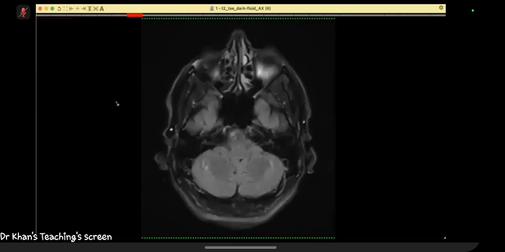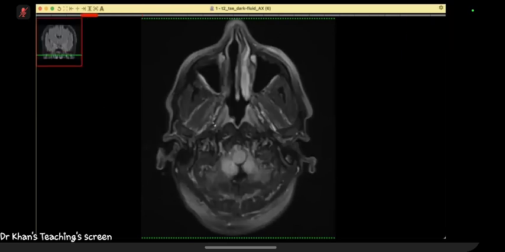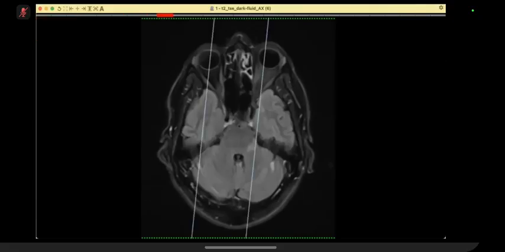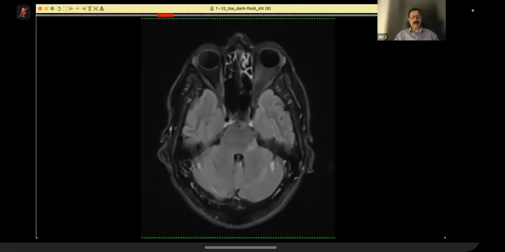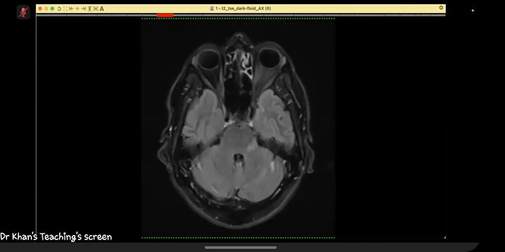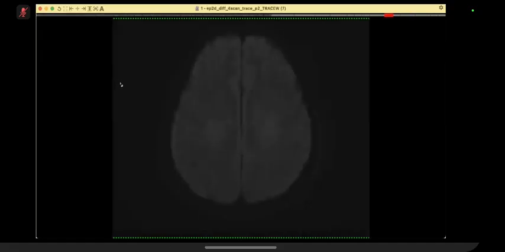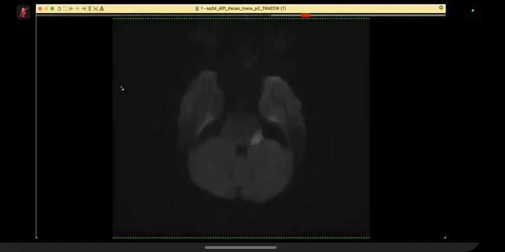What sequence would you like to see other than this? I would like to see the T2 and, if we've done a contrast scan. How will the contrast help you? Just to see if it is purely solid, or there is diffusion as well. Diffusion and ADC will help. This is the diffusion.